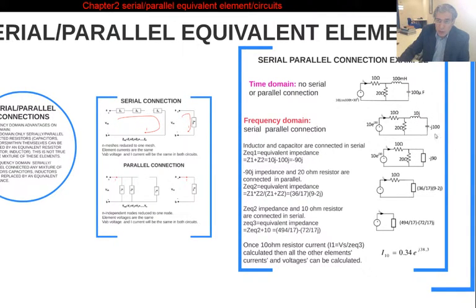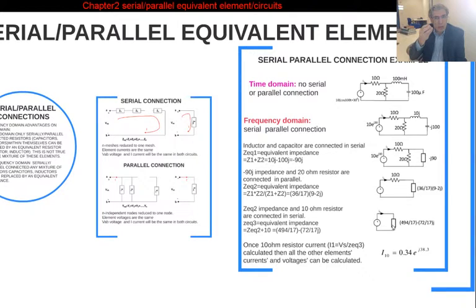If you add those two impedances, you get minus j90, the equivalent impedance for the serially connected inductor and capacitor. We said we cannot do that in the time domain, but you can do it in the frequency domain. This impedance is connected in parallel to this 20 ohm, so you replace it with another impedance. This impedance is serial with this one, so you can combine them.